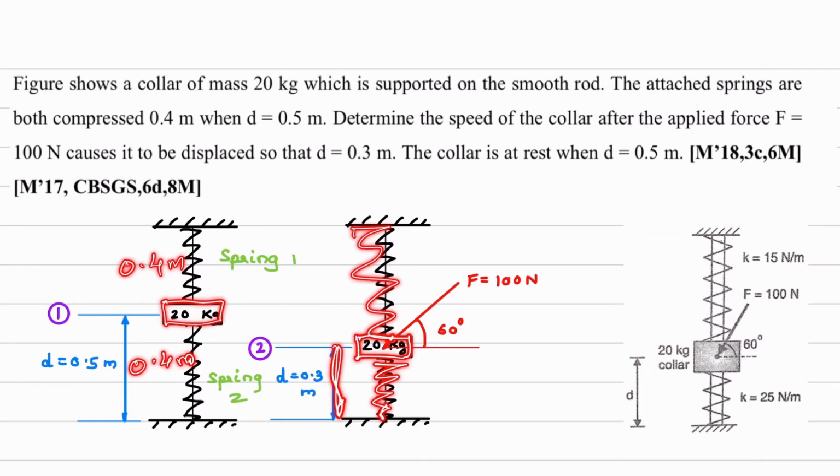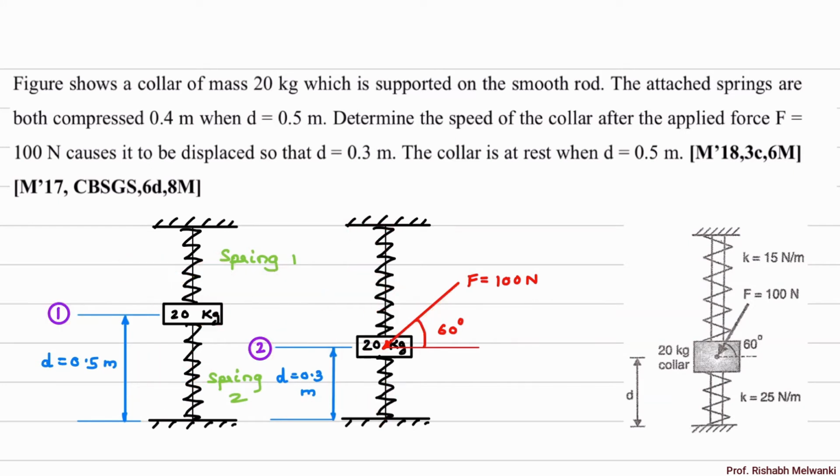Okay, so we have to find x1 and x2 for both the springs. Initially both the springs are compressed, but once the force is applied and the block is at this location when D is equal to 0.3 meter, spring 1 is being elongated, whereas spring 2 is further compressed. Okay, so this analysis we have to do now.